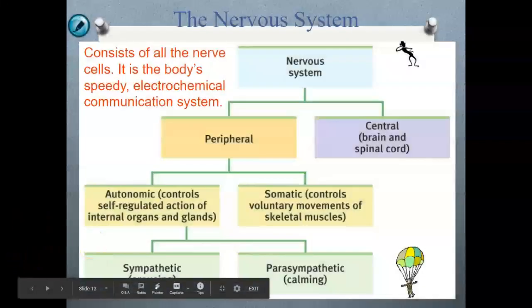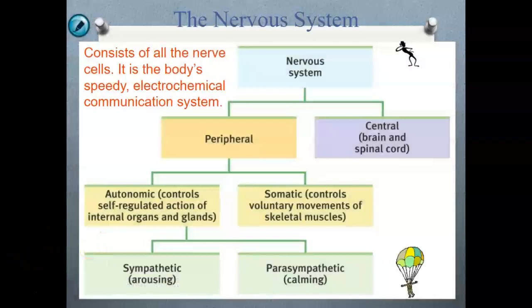Now, I love this graph because I think it really does show how everything works. We start here with the broad idea of the nervous system. But the nervous system actually contains two different parts, the peripheral and the central. The central is basically your brain and your spinal cord.